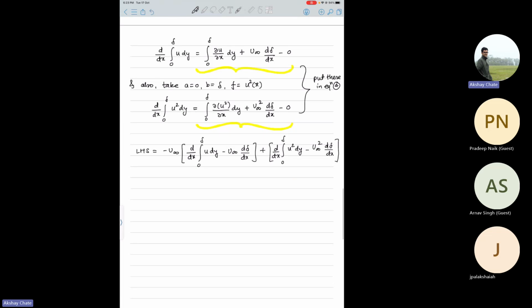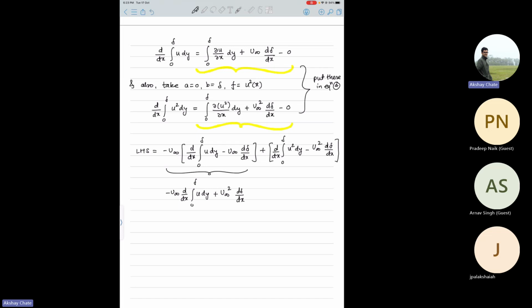Okay, so now you further simplify these terms. If you see, you have two differentiation terms, d by dx, and then you have two d delta by dx terms, right? So you can further simplify this term as minus u infinity d by dx integral 0 to delta u dy plus u infinity square d delta by dx, right?